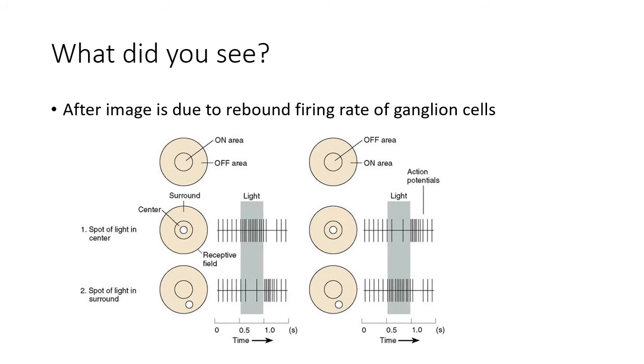So again, what went on there is the rebound effect, or the rebound firing rate of ganglion cells. While you're looking at the original image, your ganglion cells are firing off, and then they rebound in the opposite direction after you look away.